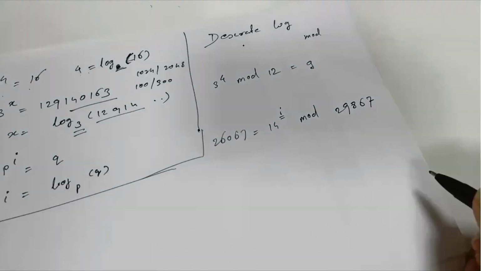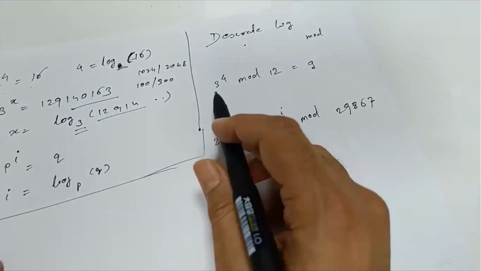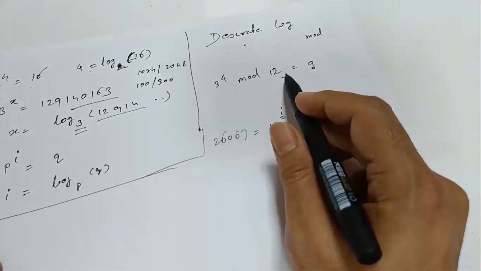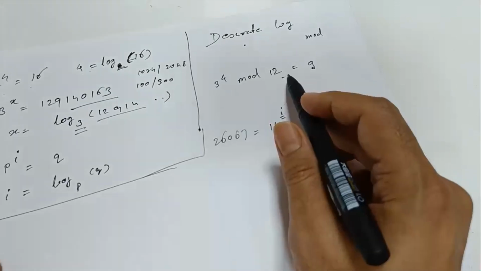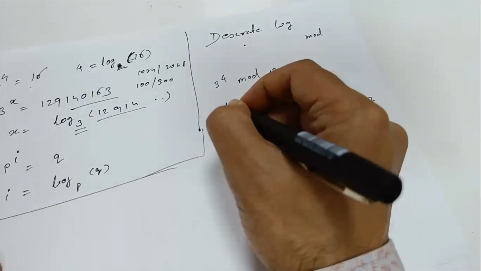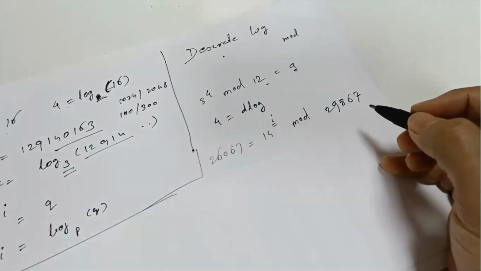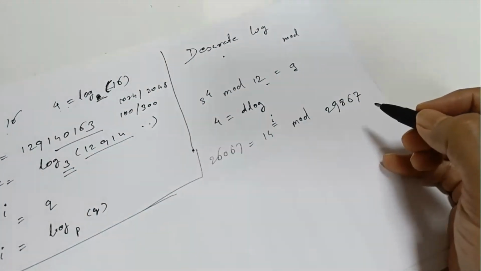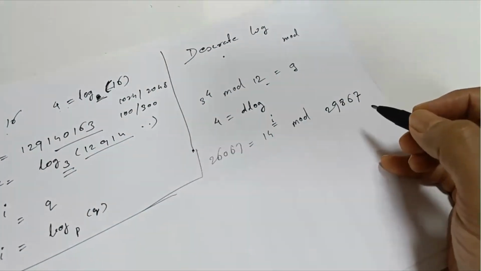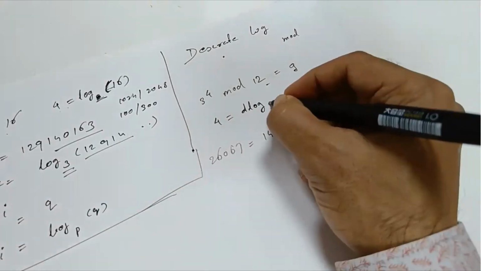First let us find out how to represent this equation in a log format. So we write this as 4 equal to discrete log. Now here the base is completely different. There are two terms mentioned in the base.